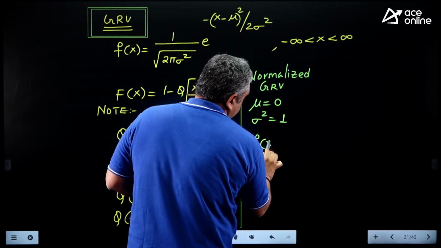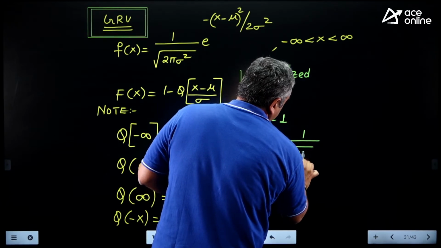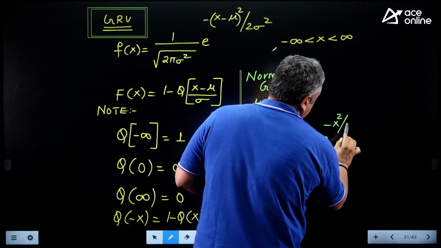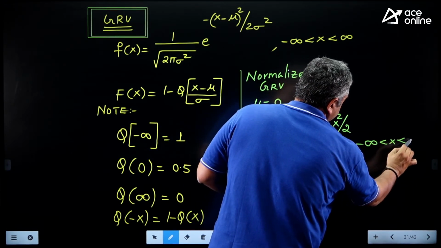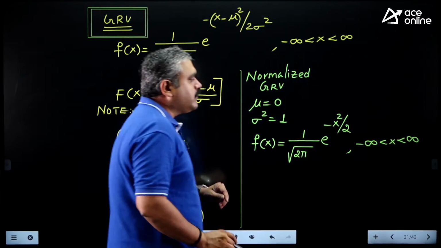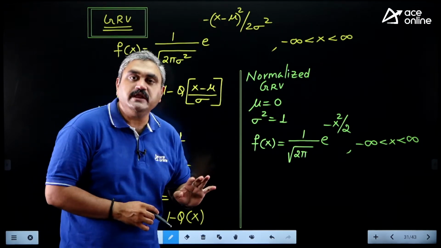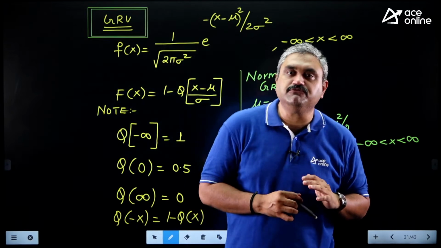So the density function of such a Gaussian random variable we can express as 1 by root 2 pi into e power minus x square by 2. X can take any values between minus infinity to plus infinity. Okay, so this is also another way of indirectly giving you the data about mean and variance. So these are all the points related with Gaussian functions.